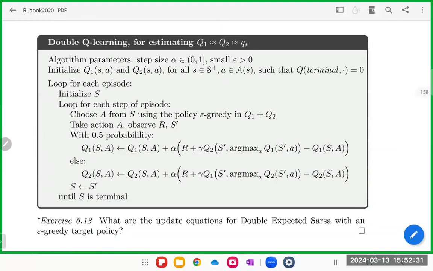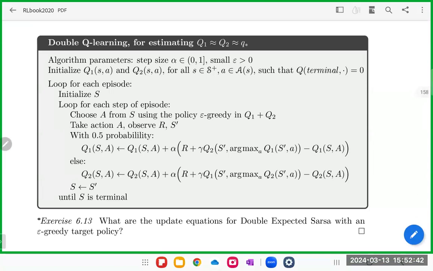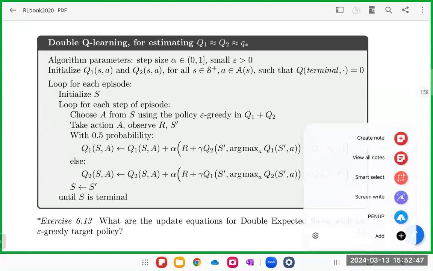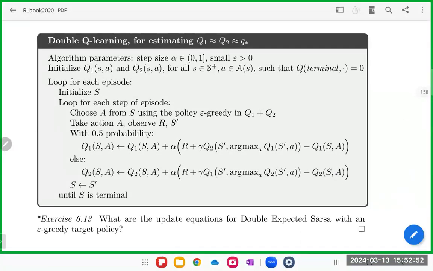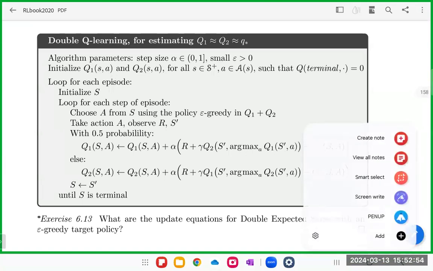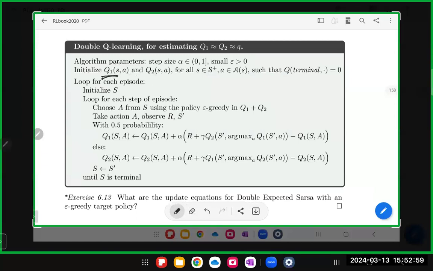So this is the algorithm, just to show you the pseudocode. Here we are maintaining two estimates, Q1 and Q2. Both of these are estimates of your Q star.